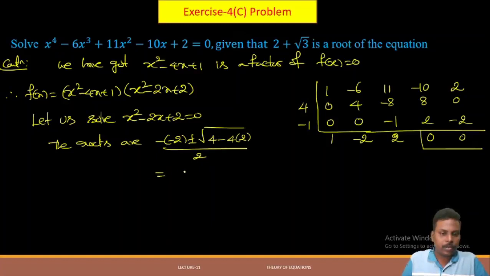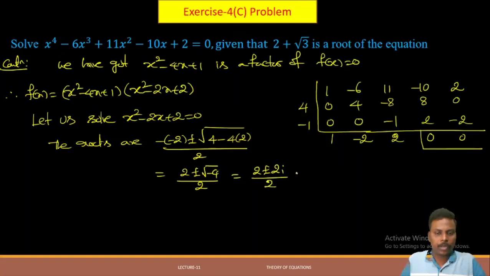So that is equal to 2 plus or minus square root of 4 minus 8, that is minus 8. So minus 4 divided by 2. So that is equal to 2 plus or minus 2i divided by 2. This is equal to 1 plus or minus i. So the roots of this other factor are 1 plus or minus i.